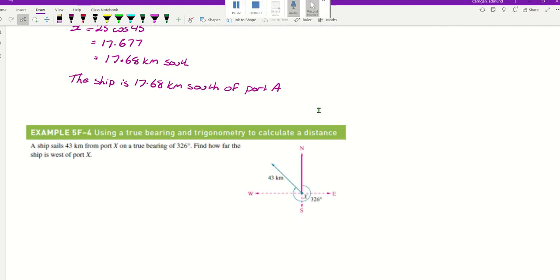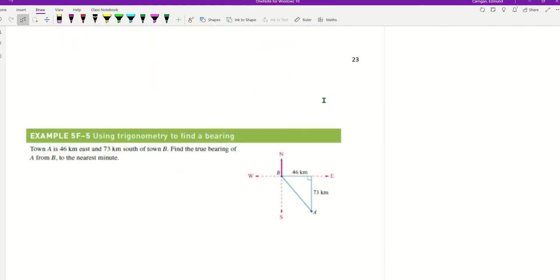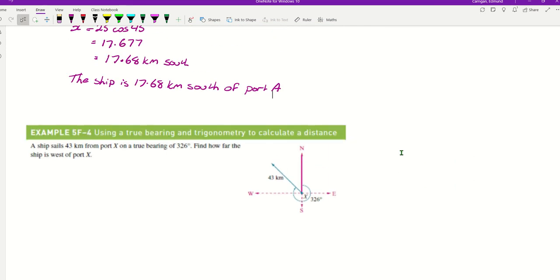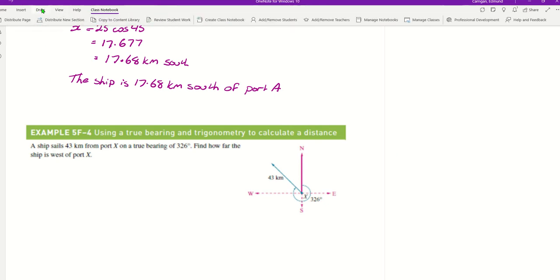It says using a true bearing and trigonometry to calculate the distance, so very similar, but using a true bearing instead of a compass bearing. So let's do that again with our highlighting of what words are important, if I can get it to stick.